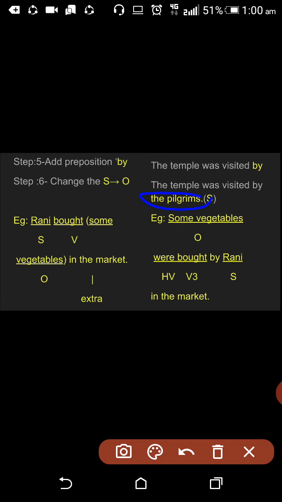I have used one more example for understanding this better. Example: Ronnie bought some vegetables in the market. I have put vegetables inside the bracket because I have added some extra words in the sentence, to make the object clear.